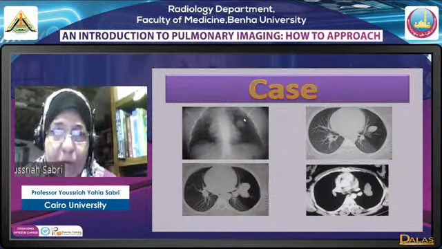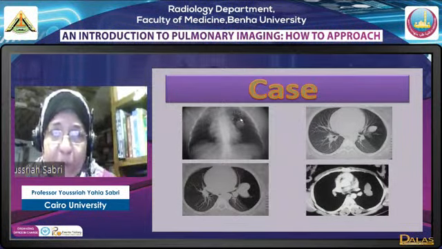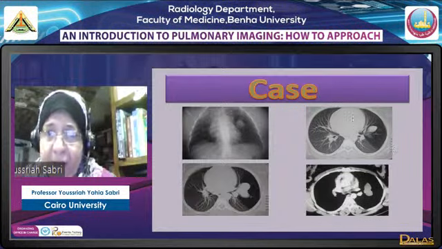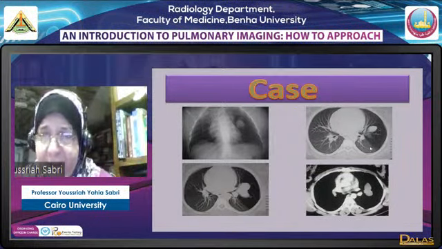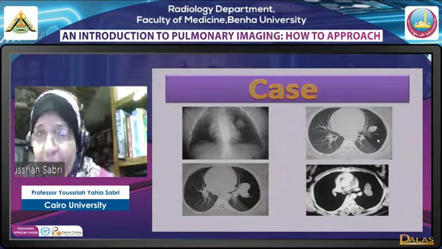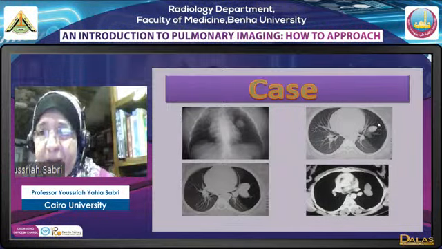Another case, also a well-defined lesion seen at the side of the left hilum. This is a plain X-ray. In CT lung window, we see the lesion as oval, and at another level it is ribbon shaped. Distal to the lesion, there is oligemia. Is this oligemia a vascular problem or is it air trapping?